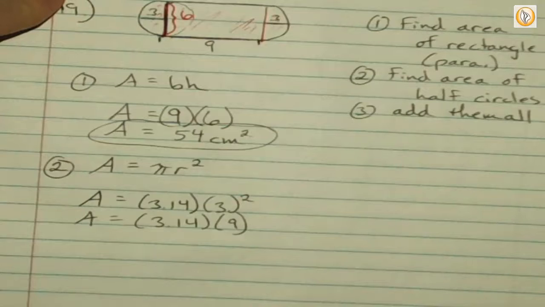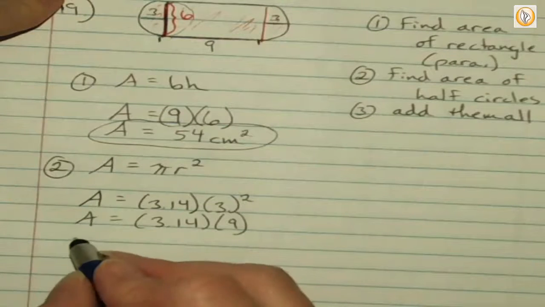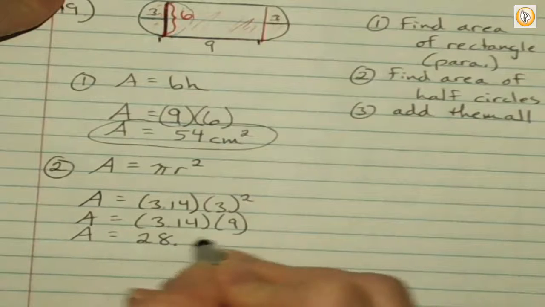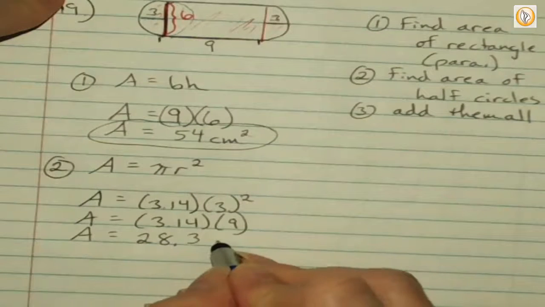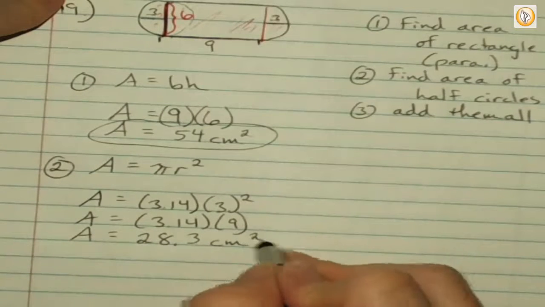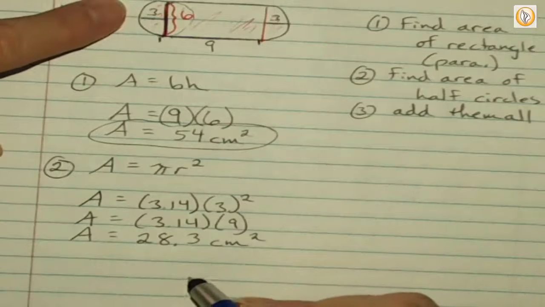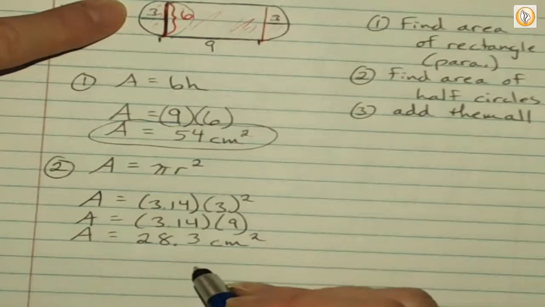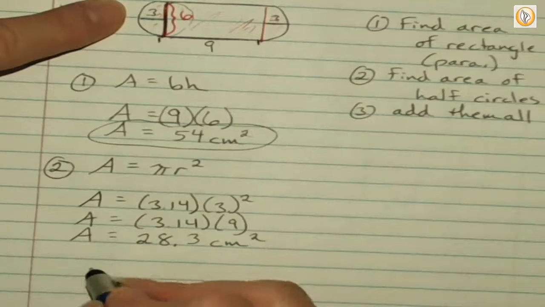Are y'all with me so far? Now that's going to get us 28.3 centimeters squared. But that's for a whole circle. How do I find half of a circle, Gabby? That's right. We divide by 2.